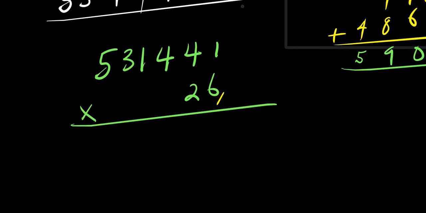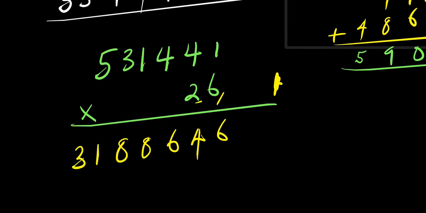So we have 6 times 1, that is 6. 6 times 4, that is 24. 4 carry over 2. 6 times 4 again, 24 plus 2, 26. 6 carry over 2. 6 times 1, 6 plus 2, 8. 6 times 3, 18. 8 carry over 1. 6 times 5, that is 30. 30 plus 1, 31. After that, we consider 2.